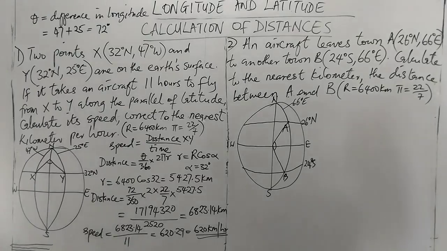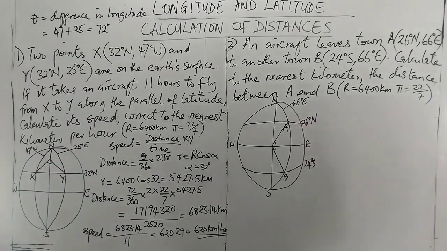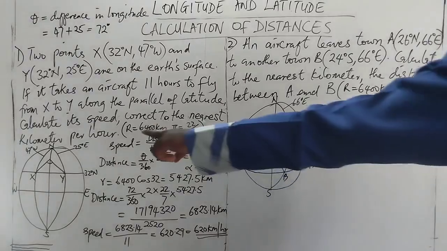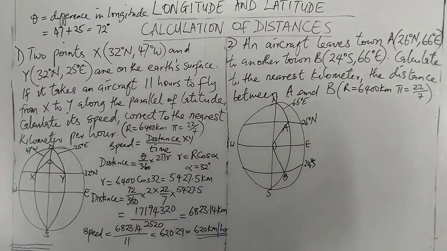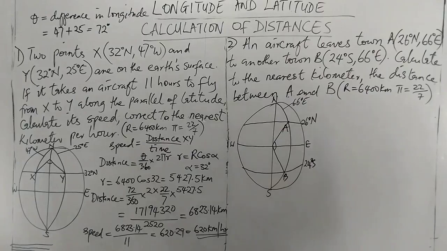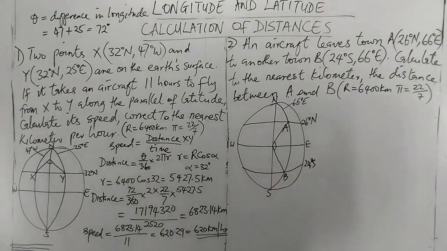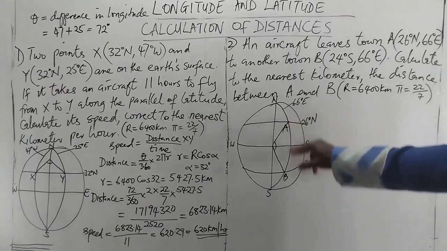If you observe very well, you discover that these 2 points, A and B, are on the same line of longitude, while in the other question, the one we solved, both of them are on the same line of latitude. So that's why the two diagrams are not exactly the same.